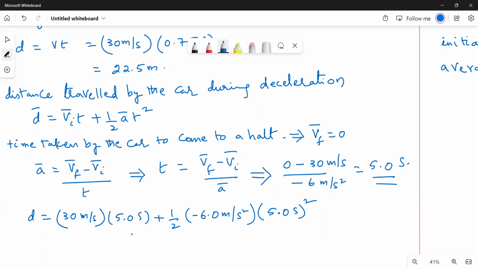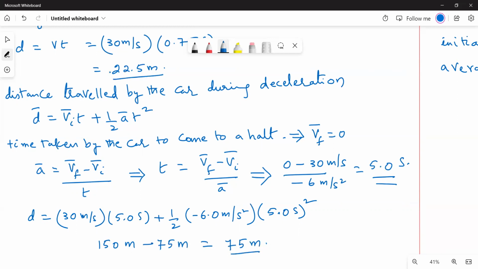So what is the value here? This is 150 meters, and this is minus 75 meters. That is 75 meters.